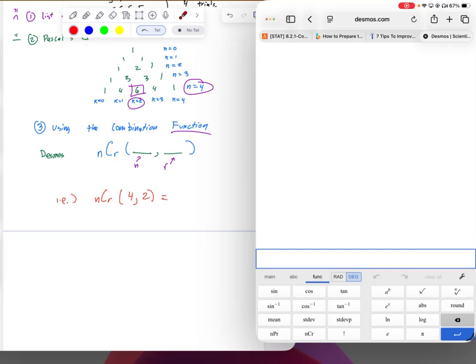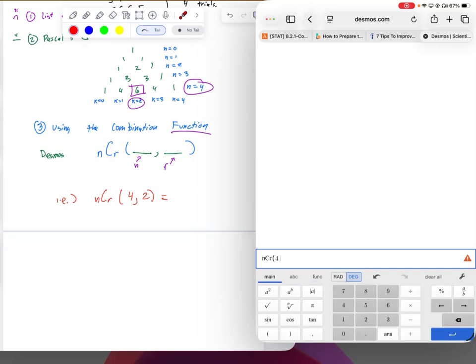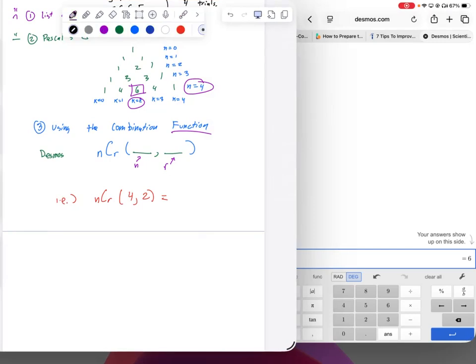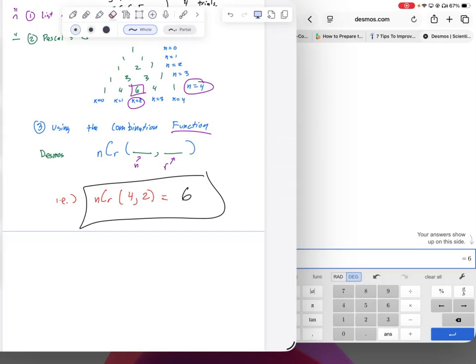You can also just type in nCr directly as well, and then it'll come up with the parentheses. What is n? 4. Comma, what is r, or what is k? 2, and I hit enter. And there's the answer, 6. Yep. That's it. I'll end it there. I think that's enough. This is what we will use. All right, that's all.